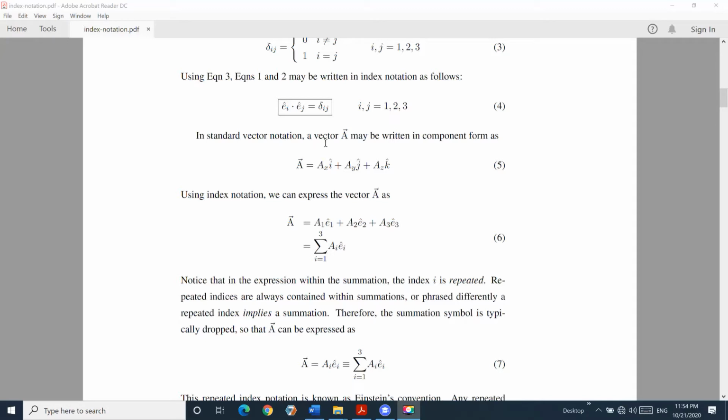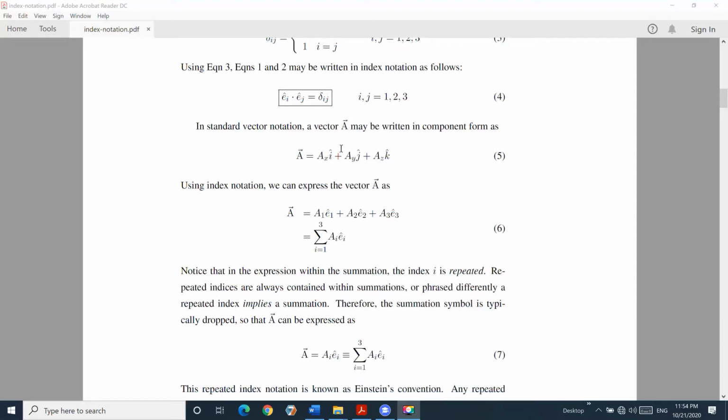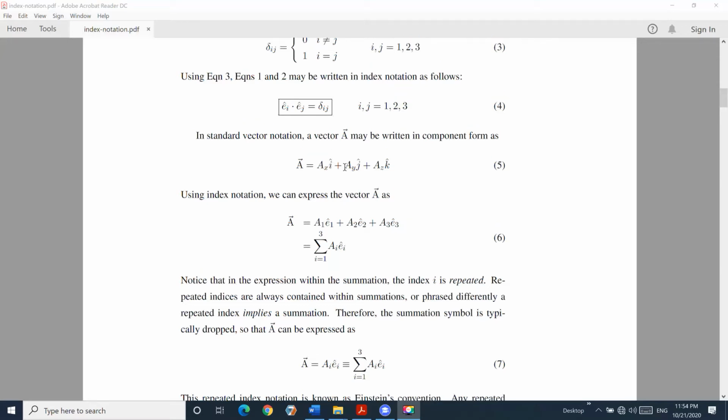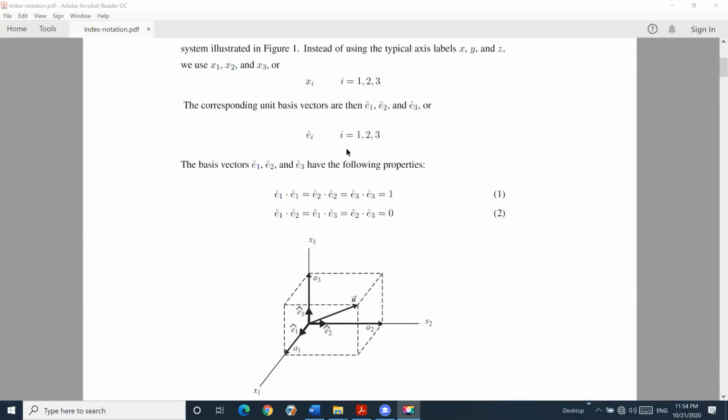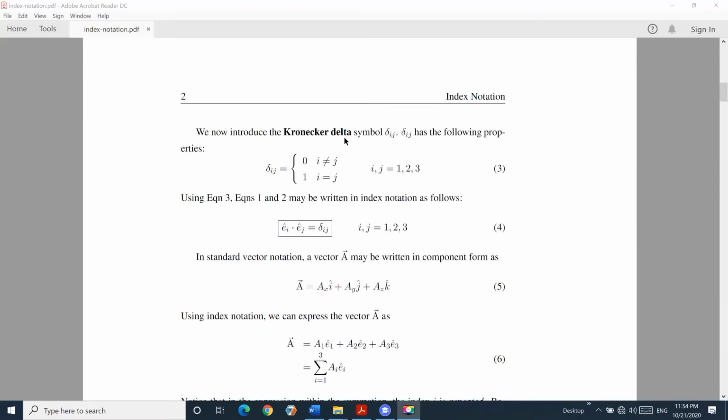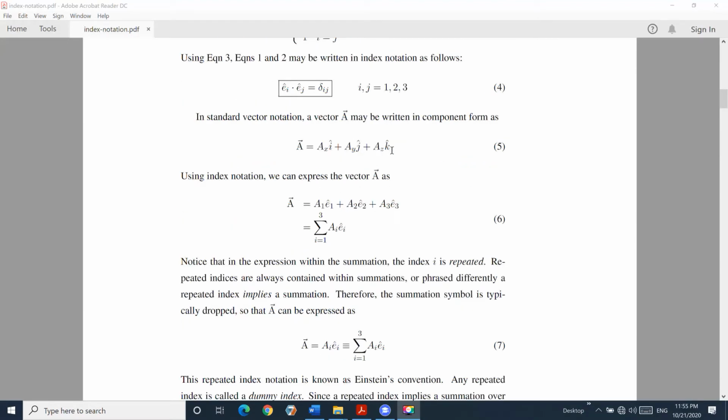In standard vector notation, let's say we have the vector A with an arrow above it. We understand from this definition that we are dealing with a vector, and we can represent the vector like this: Ax times the unit vector i, plus Ay times j for the y-axis, again unit basis vectors, then plus Az times k, the unit basis in the z direction, the z-axis.